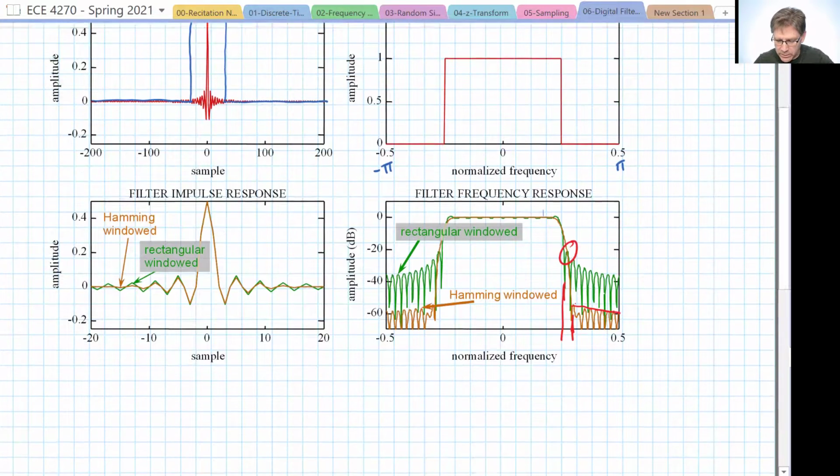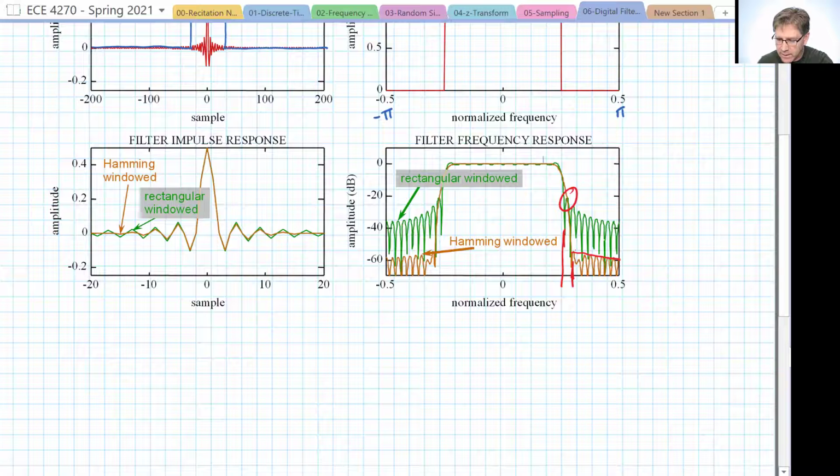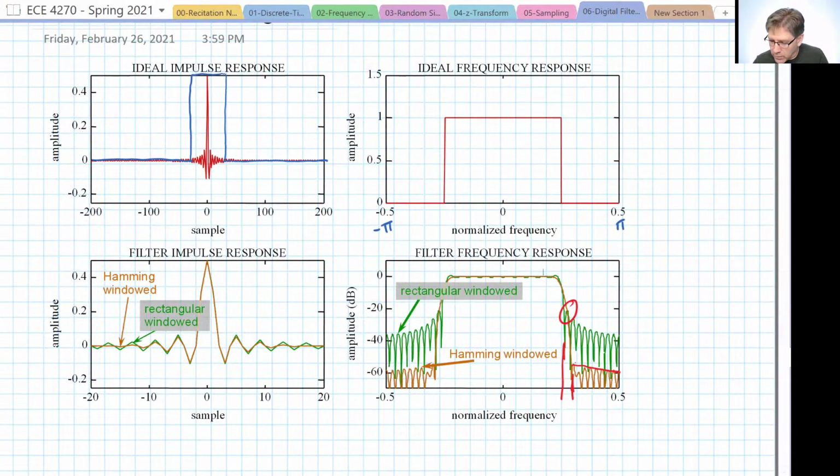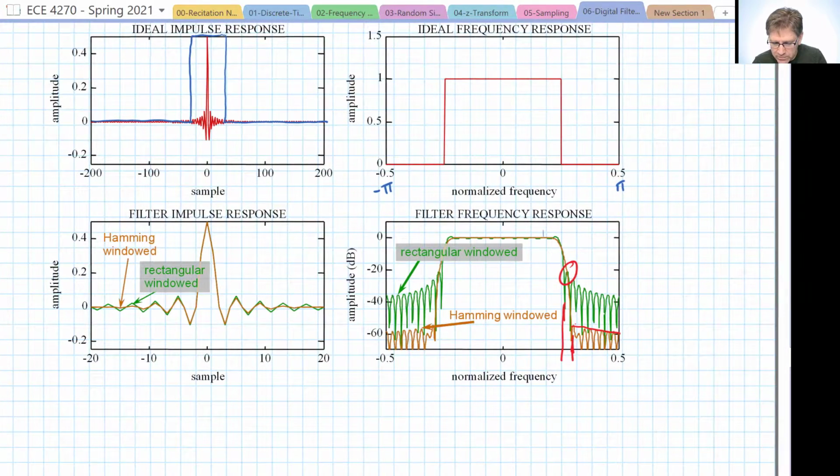One other thing that needs to be brought out, though, is what does the effect of the window length have on it? Well, if we were to look at the frequency response of our windows, they get narrower and narrower as we have longer versions of the windows. So essentially, by going with a longer version of the window, we get a sharper transition region.